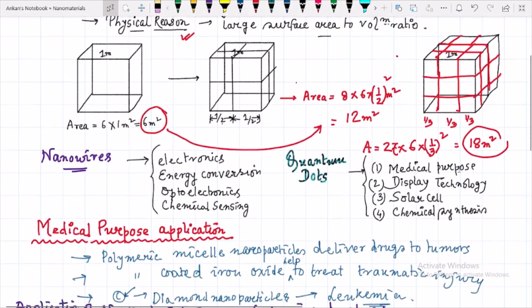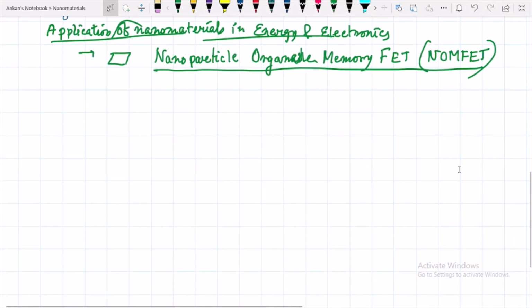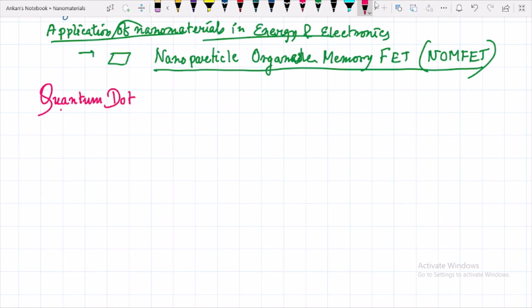Next we have to move on to specific nanomaterials and how to apply them in our modern day life. In this regard, the first thing is the quantum dot, which is very essential nowadays. Now what is a quantum dot?